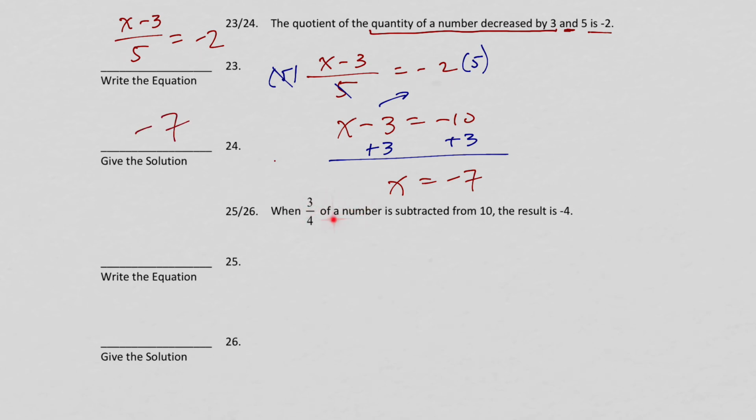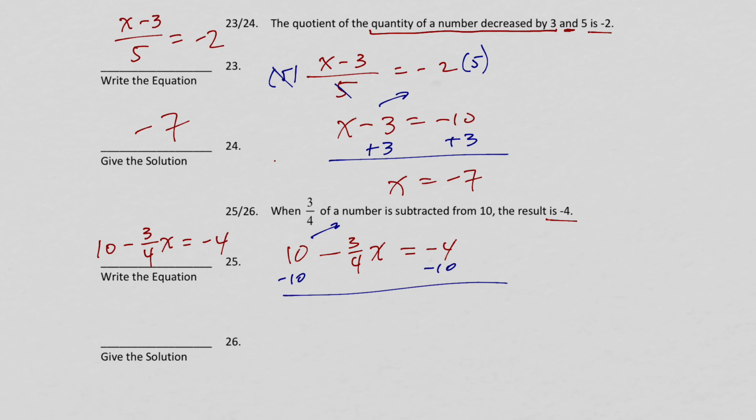When 3/4 of a number, that's 3/4 x, is subtracted from 10, the result is negative 4. To solve this, I'll move my 10 over by subtracting 10 from each side, and I'll get negative 3/4 x.